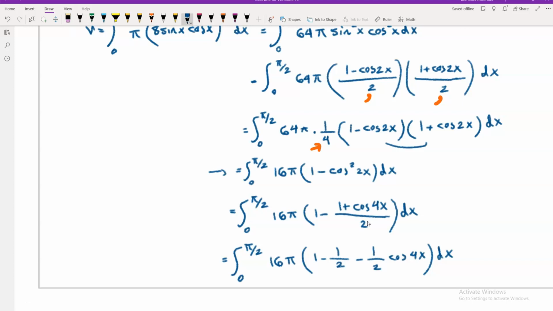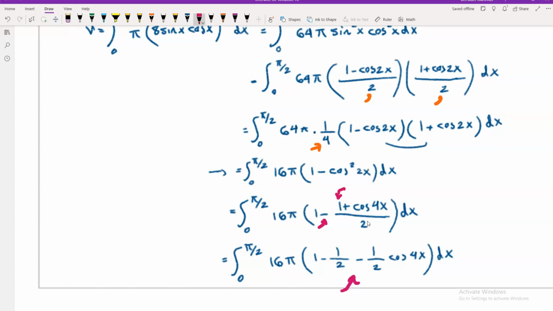Again, I simplify. We have 1 minus, and this one is divided by 2. Here we have a negative multiplied by everything in the parentheses: negative times 1, negative times cosine 4x, then divided by 2.